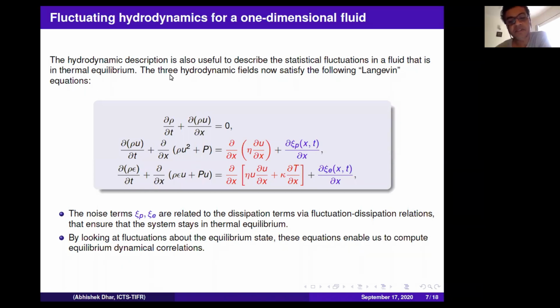Fluctuation dissipation means the noise and the dissipative terms have to be related in a certain way. So given the structure of the dissipation term, if you want to write something in the noise which satisfies fluctuation dissipation, you are pretty much constrained to add something like this. So at least that is given as an input. The fact that it has to satisfy fluctuation dissipation is because you want your fluid to be in equilibrium. Whatever you do, you know as a fact that it will always go to equilibrium. So it has to be like this.